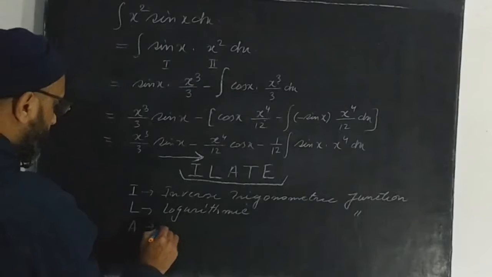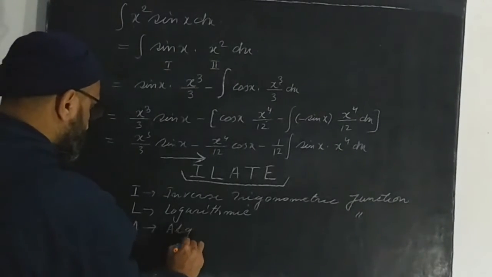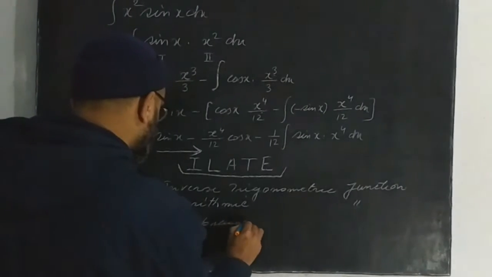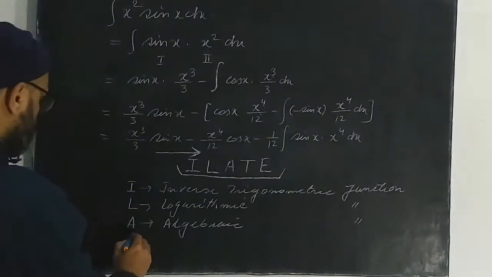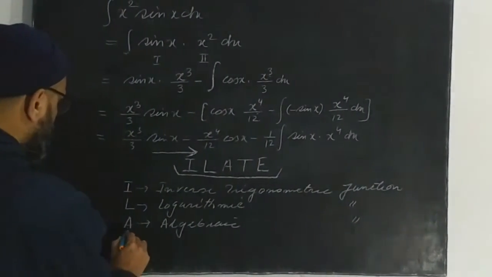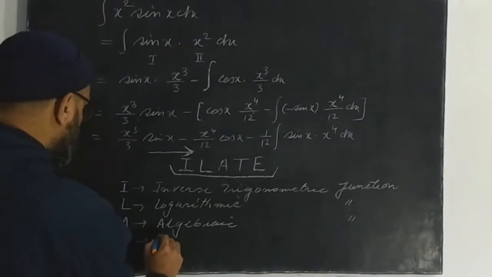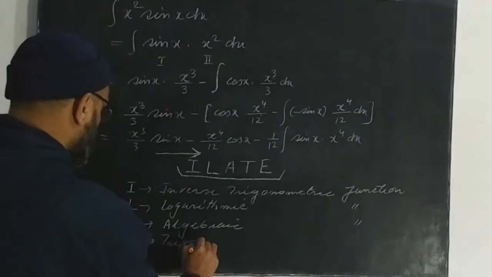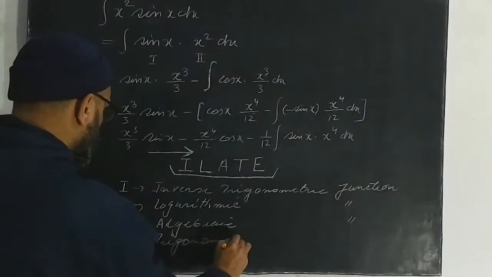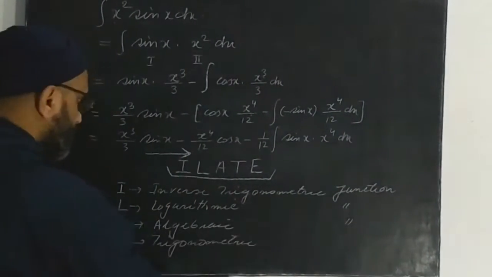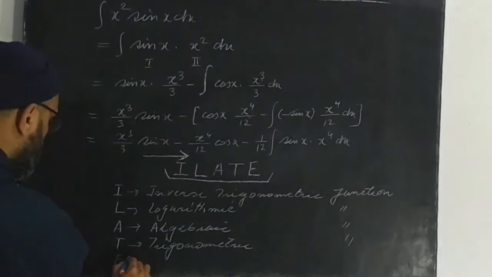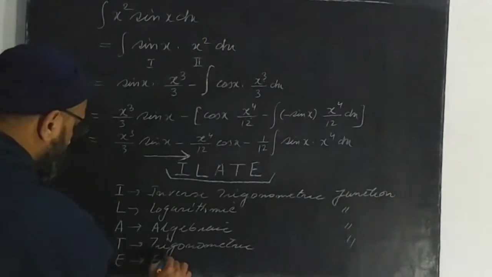A stands for algebraic function. T stands for trigonometric function. And E stands for exponential function.